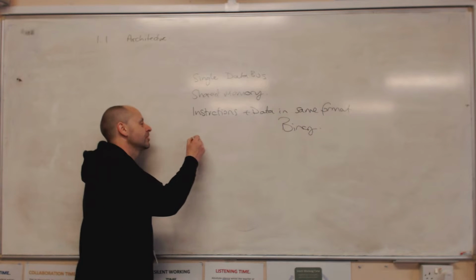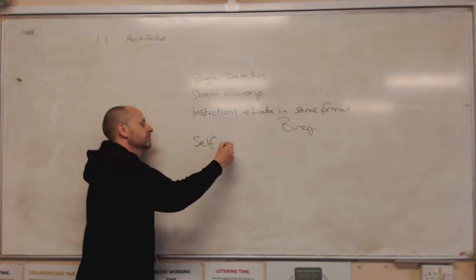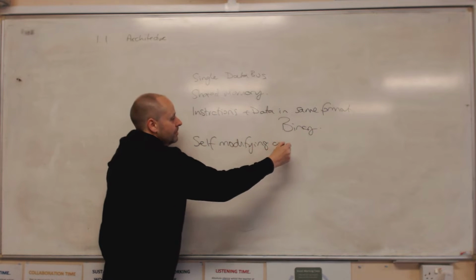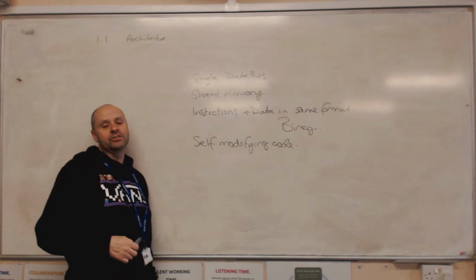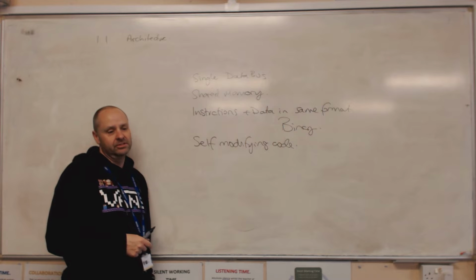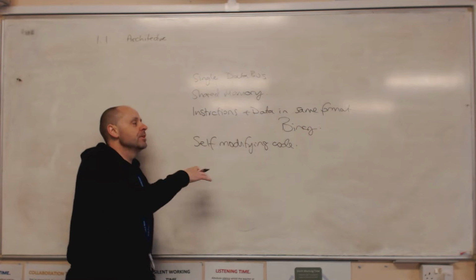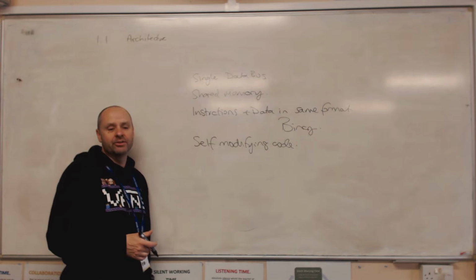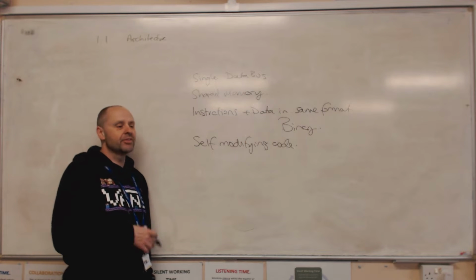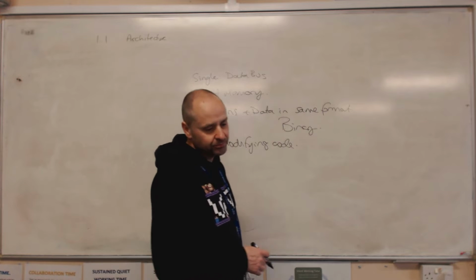What it allows it to do is self-modifying code. That's where we write instructions that generate data, which are instructions. Okay? Which can be used for learning algorithms and lots of other things. Okay? Pretty handy. So that's von Neumann architecture.